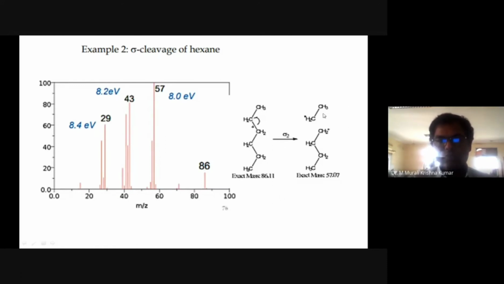Alpha 2 means this is the first bond, second bond, third bond, fourth bond, fifth bond. The second bond is broken so that the ion 57 peak is coming over here.